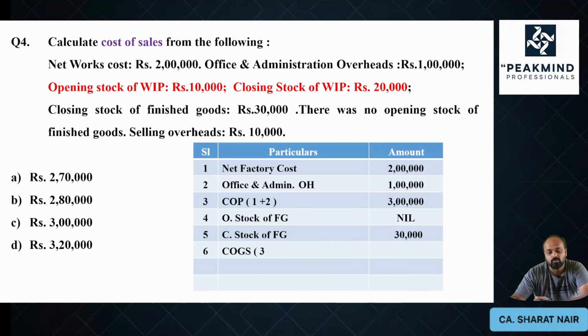To arrive at cost of goods sold, from the cost of production we add opening finished goods and deduct closing stock of finished goods. So 3 lakh minus 30,000 is straight away 2,70,000. To that, we add selling and distribution overhead, which is 10,000, given in the question. So cost of sales will be cost of goods sold plus selling and distribution overhead, which is 2,70,000 plus 10,000. The correct answer is 2,80,000, which is option B.